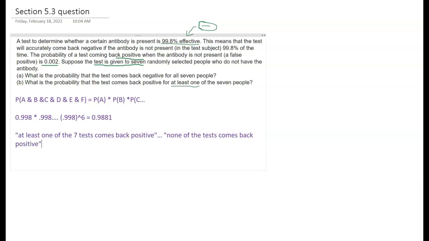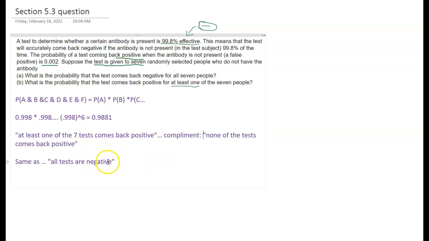If we think about that, how does none of the tests coming back positive relate to anything that we're doing? Well, none of the tests coming back positive is the same as saying that all tests are negative. So we already found that all tests are negative from the previous problem. So let's come up here and be clear that this is the complement.